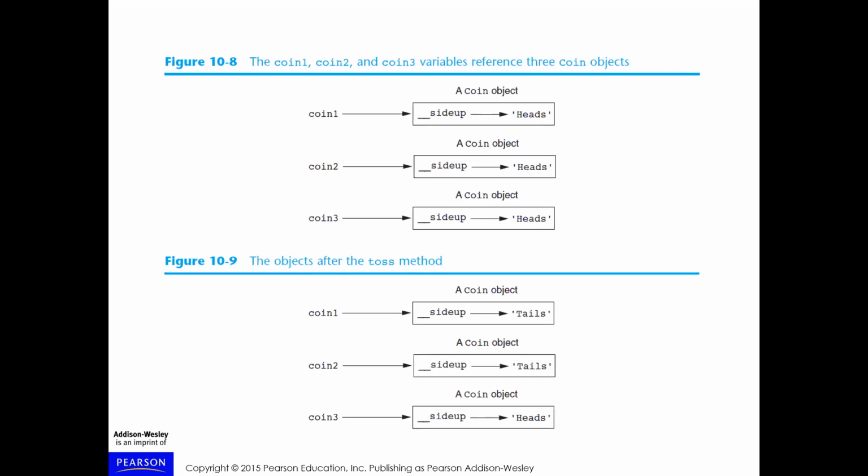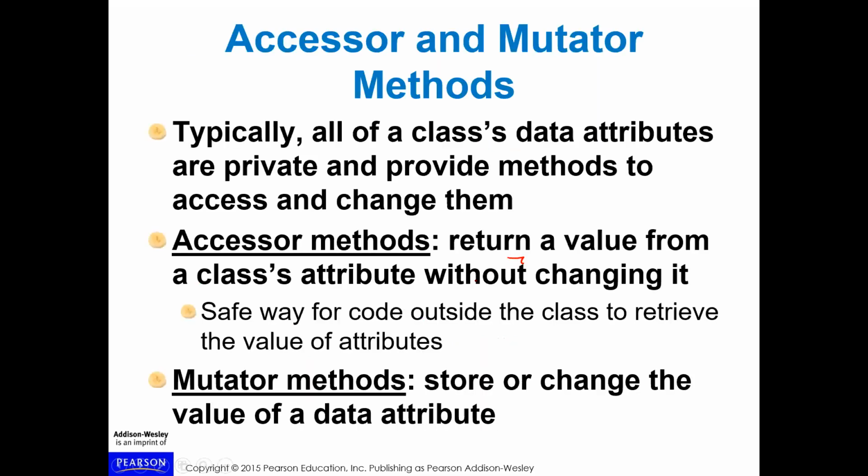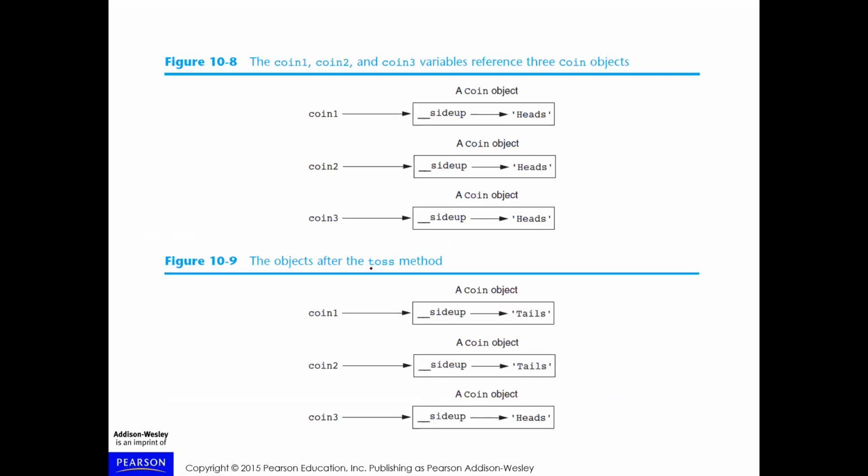What the method toss would do is grab side up again and randomly assign heads or tails. So the first two are assigned tails, the last one was assigned heads. It would seem like it didn't change, but in fact there was a toss method, or function, and that one was used to change the values.